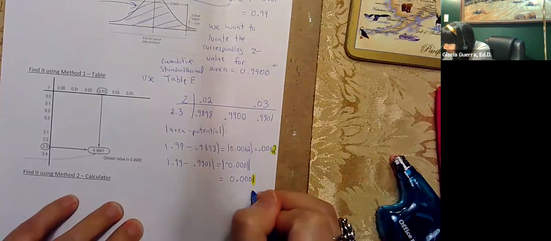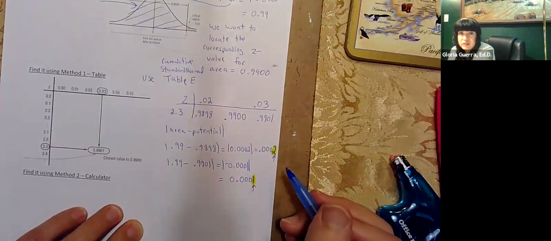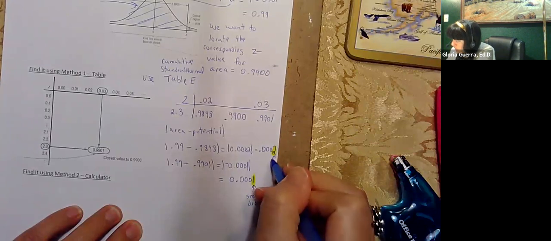So when you look to see which one is smaller, the other digits are tied. This one's smaller distance as opposed to that.